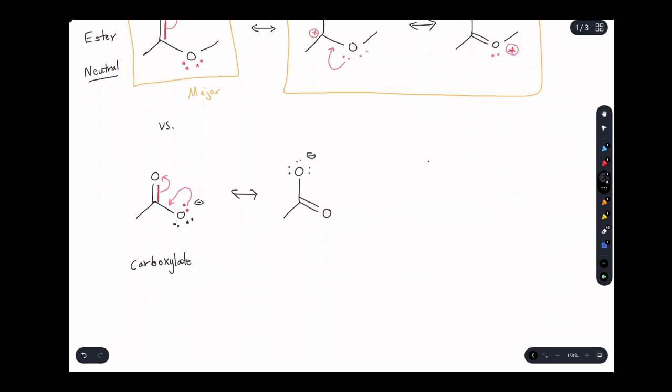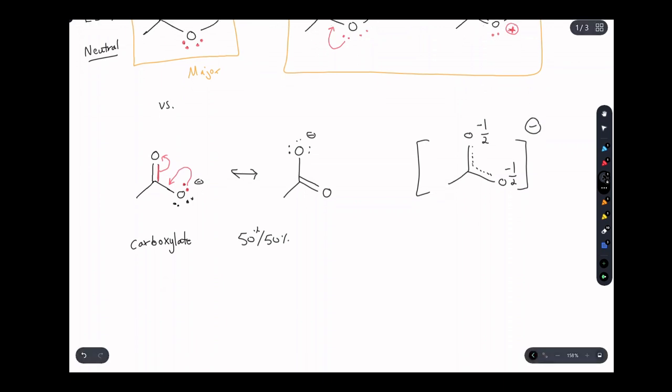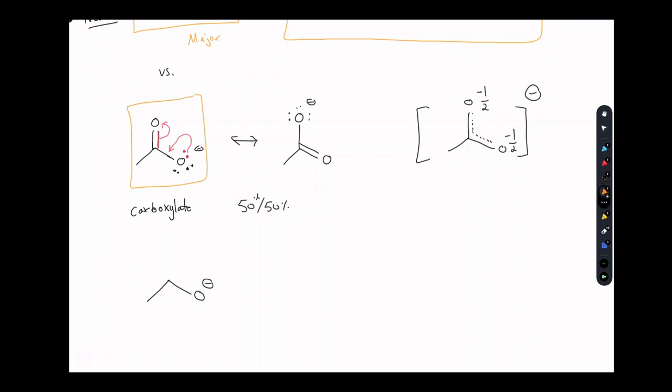Now, what this leads to is a resonance hybrid that takes 50-50 character, because these are equally stable, they're both the same, and spreads that negative charge across the two oxygens. -1/2 charge on each, -1 charge entirely. So comparing that oxygen and this molecule to a molecule like this, we would say that we expect this molecule to be far more stable due to the fact that it really has another major resonance form.